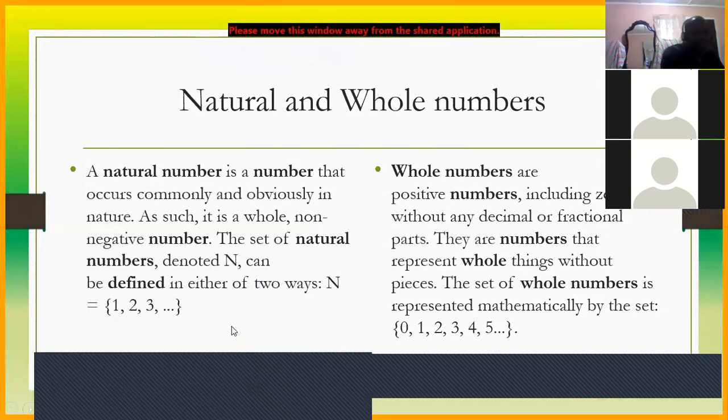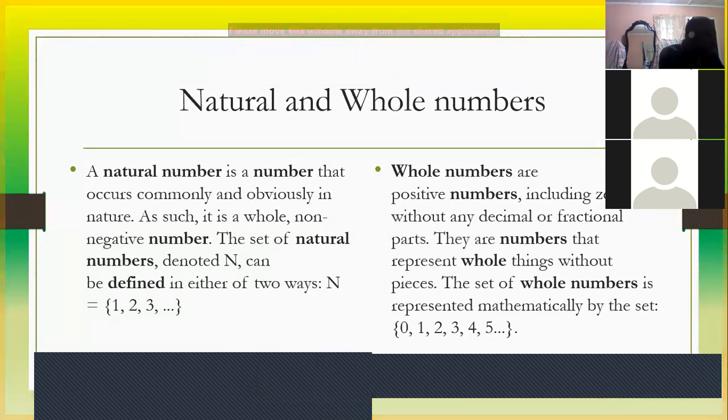They are numbers that represent whole things without pieces. The set of whole numbers is represented mathematically by the set, for example, 0, 1, 2, 3, 4, 5, and it goes on.